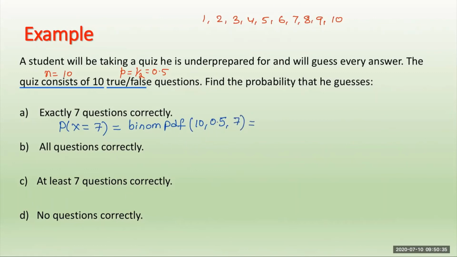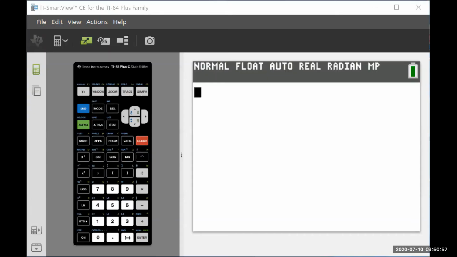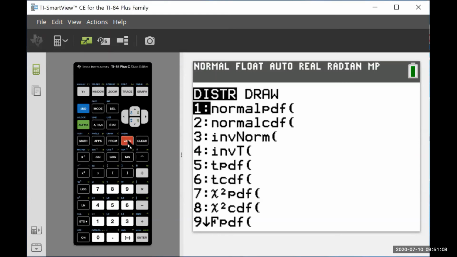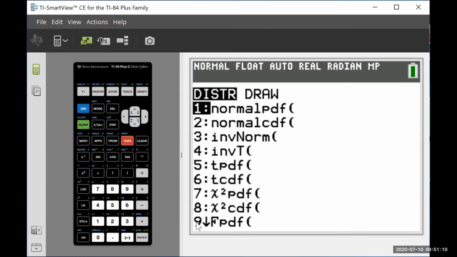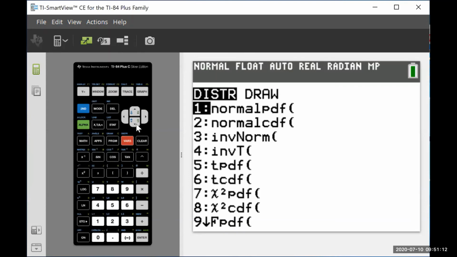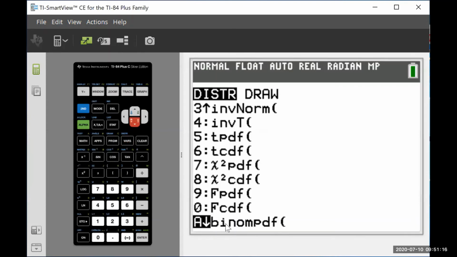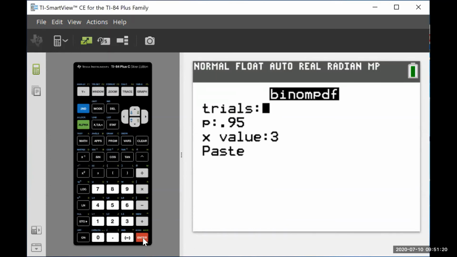So let me bring my calculator. What we do is we press second and then vars so that we go to distribution. Please do that. Second and then vars. Then scroll down to get binomial PDF, binomial probability distribution function. This one, binomial probability distribution function, and then enter.